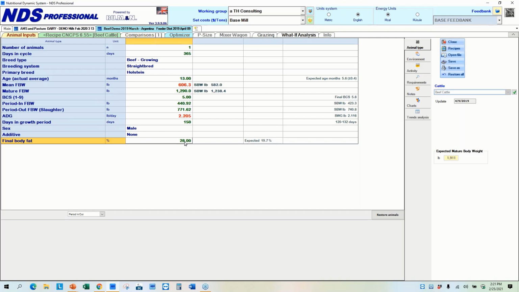It will be different. This difference is not really captured by the model, but we know that fat deposition is probably different based on the animal type. These two differences can explain some different outcomes based on the CNCPS.